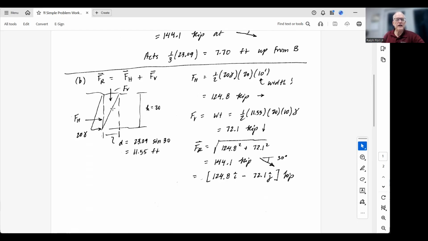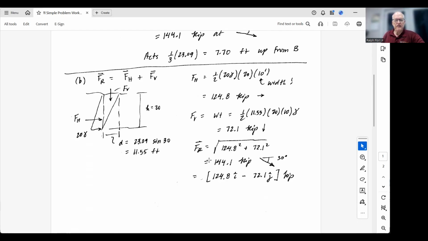The F vertical is the weight of the fluid above the surface. And so this triangle here is 20 high, but this distance is 23.09 sine of 30, which is 11.55 feet. So the F vertical is 1/2, 11.55 times 20 times the depth into the page, which is 10, times gamma, which is 62.4, and we get 72.1 kip down.